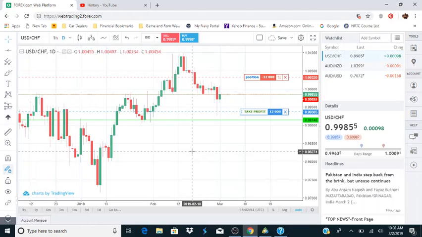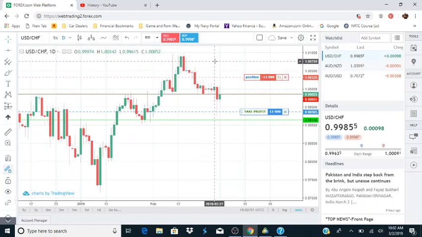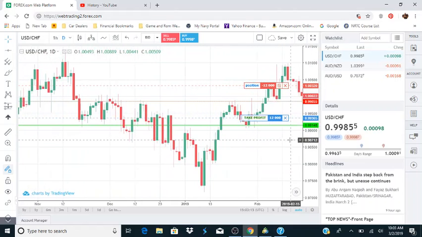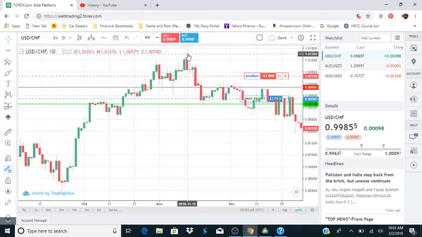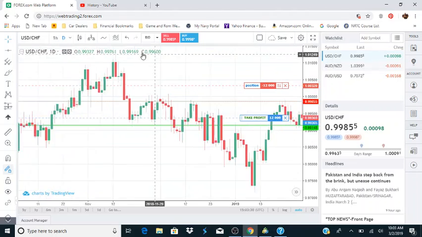So in the daily chart, we can tell that the US dollar Switzerland franc was up to the 1.00963 area. That's probably the highest that it actually went to according to this particular chart. If you go back in time, it actually went a tad higher, up to the 1.01277 area, back around November 13th, 2018.